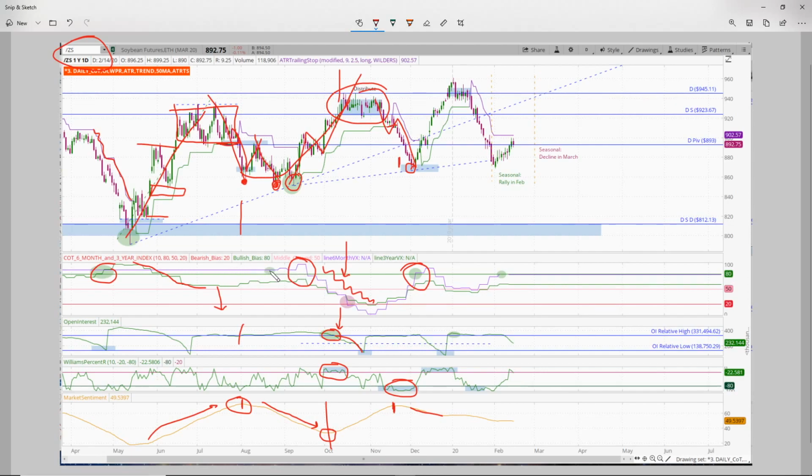Oh God, I gotta get this right. 3-year index, 6-month index, and they're running parallel. Don't you see this very often? I'd have to look at the charts. I can't remember, but I know that this is one that runs pretty close together with their 6-month index. So it's almost like, here's the cycles for soybeans. This is what we're doing.